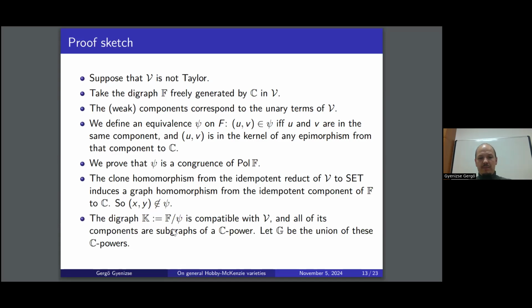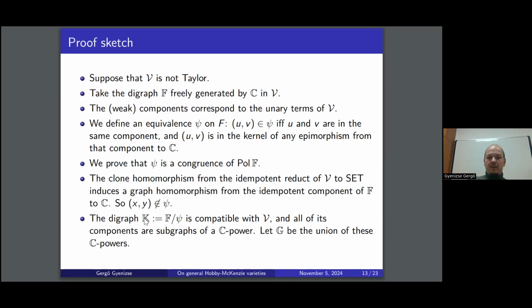So look at the whole picture. We are starting from that graph F. We factored it by a congruence C, and we get that graph K, which is still a compatible graph in V, and all these components are subgraphs of a direct power of C. Not necessarily induced subgraphs, but subgraphs.